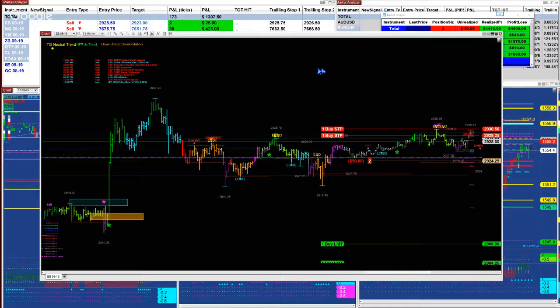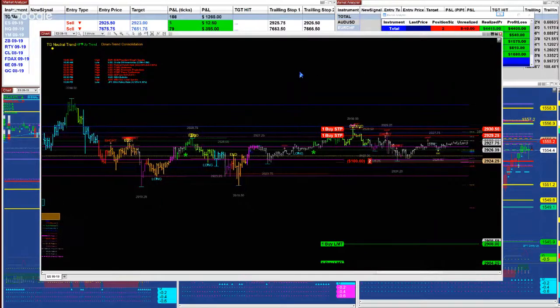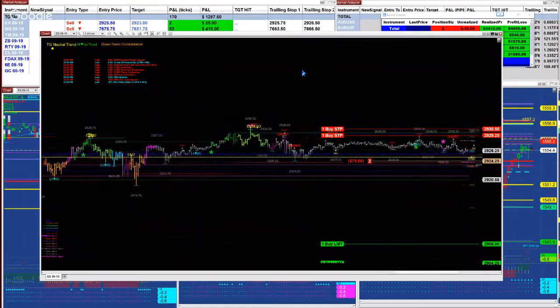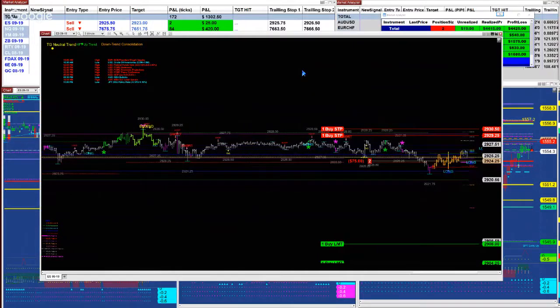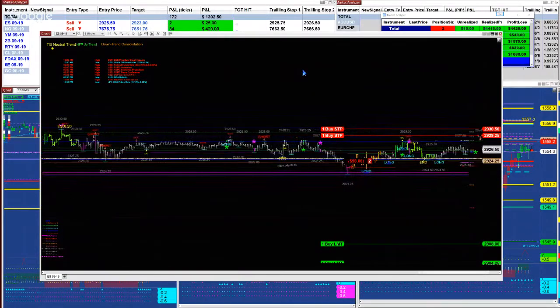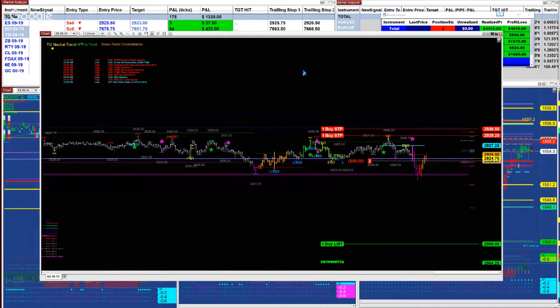And I still have to measure it, so that's why I'm scared today. If there's any bugs, it's going to crash my NinjaTrader, but it's not. So we are testing it today.